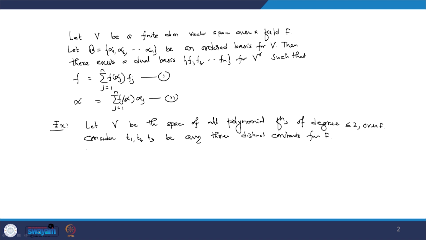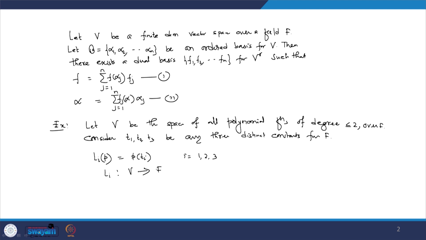So, let me define linear functionals on V. Li of p equals p of ti, for i equal to 1, 2 and 3. So, Li is a map from V to the field F. For i equal to 1 to 3, I have 3 functions.